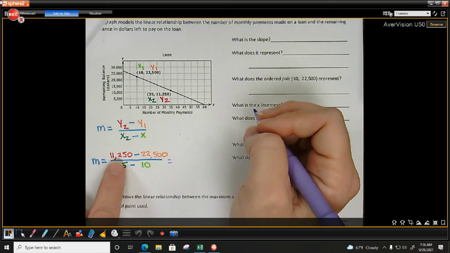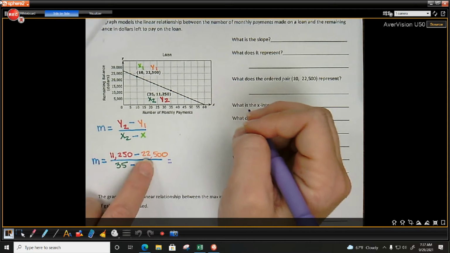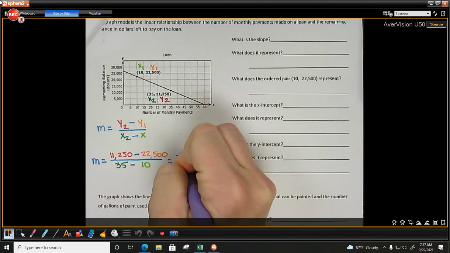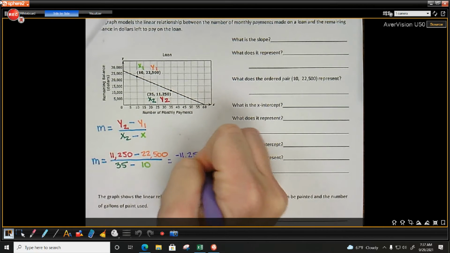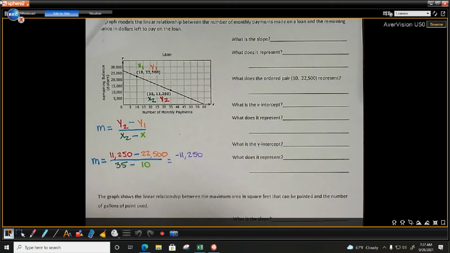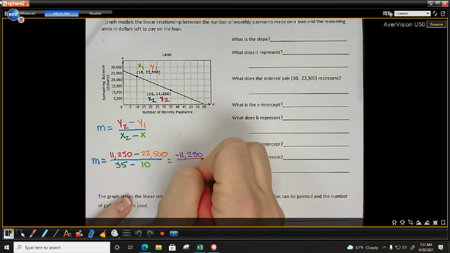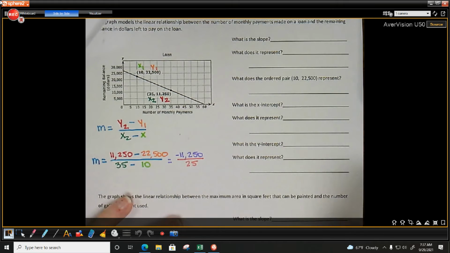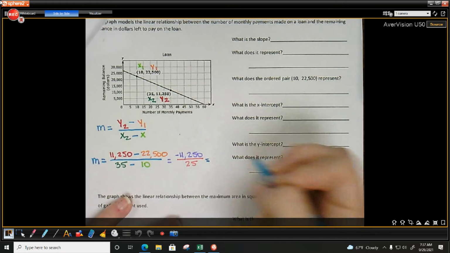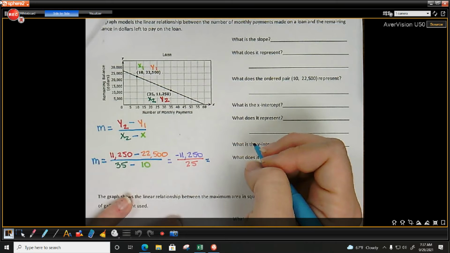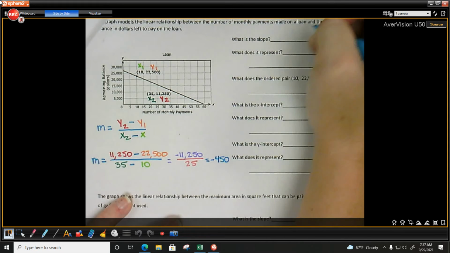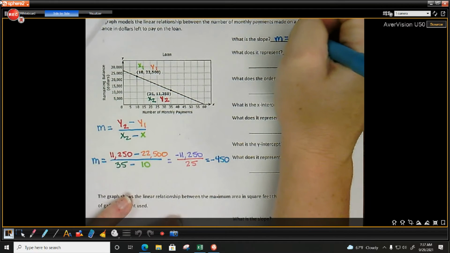We have calculators. Negative 11,250 over, what is it? 25. Very good. Okay, what does that simplify to? Negative 450. That is your slope. So M equals negative 450.